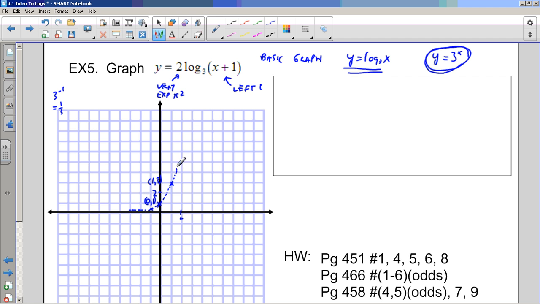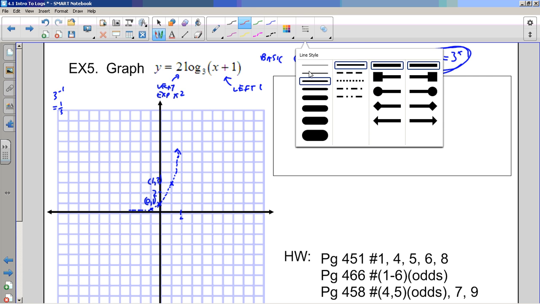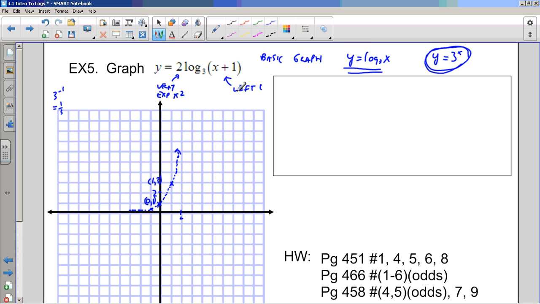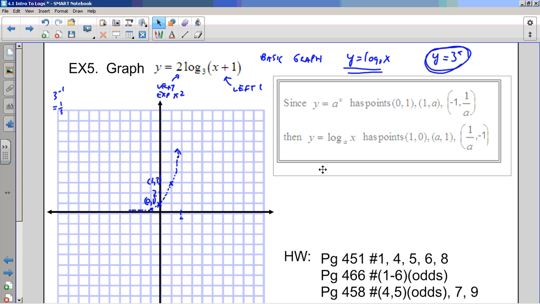And I'm sort of thinking about that, but I'm hoping very soon you're going to be able to skip to the basic log function, because the basic log function are all these points just flipped, right? The points are switched around. That's what's behind this box. And I don't know if you have this copy of it or you have to copy this down, so you might need to pause.